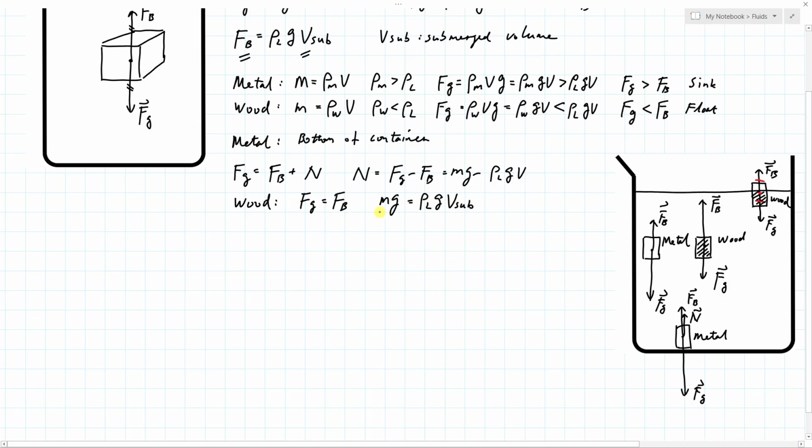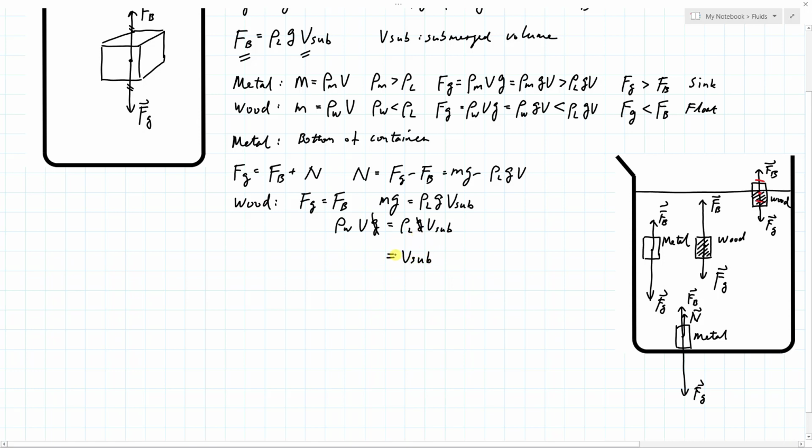Okay, so if you change the mass into density of the wood times volume of the wood times gravity, equals density of liquid times gravity times volume submerged, then you divide out gravity, and you still have the densities. You divide volume on both sides, then you get V submerged over V. Then you divide out the liquid density on both sides.